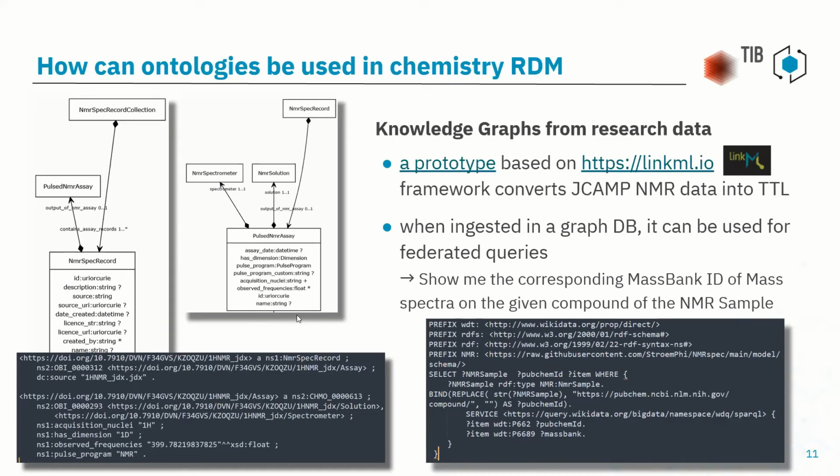And when you have this, you can then put it up in a graph database, which you can then connect with other graph databases such as Wikidata or MassBank or PubChem, which has an RDF endpoint, and then you can do federated queries over it, and thus very easily connect multiple databases with one query to each other, and answer questions that you could not answer by querying only one of these databases, but at the same time answer those questions in a way that it's much, much easier than traditionally asking them via standard APIs, because for doing that, you would have to know the API schema of each database, and this is usually quite different.